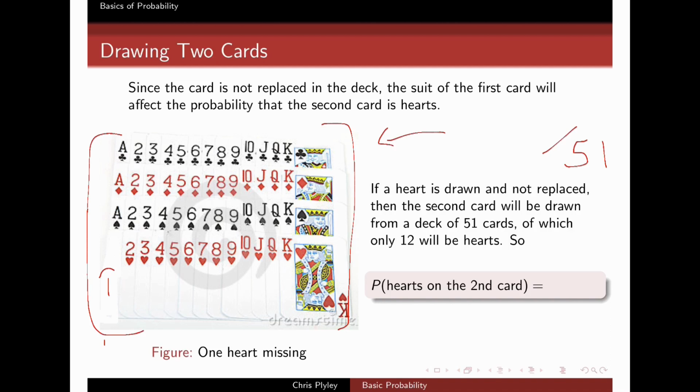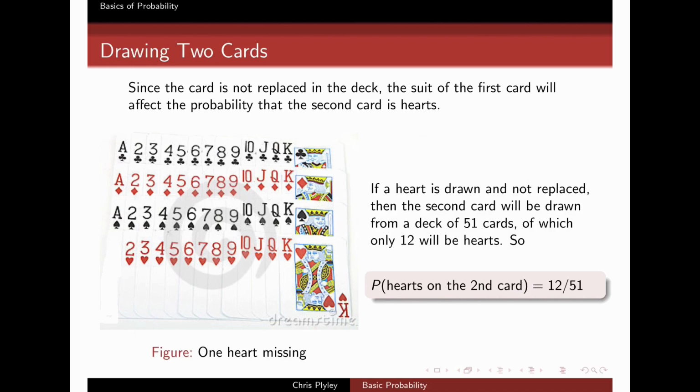This is already in the hands of whoever drew the first card. And out of those 51 cards, how many correspond to hearts? Well, the answer is 12. So the probability that somebody will pull a heart on the second card, given that a heart had already been pulled, is 12 out of 51.